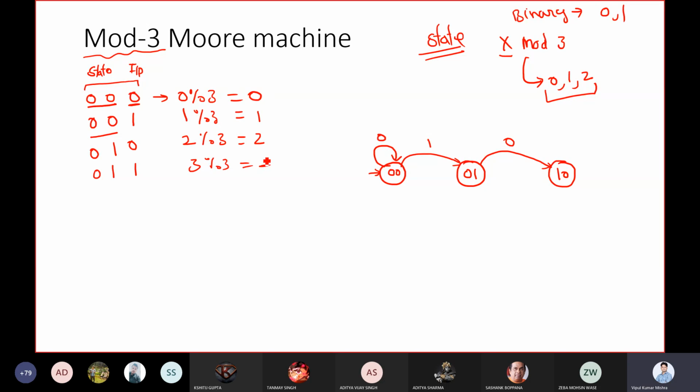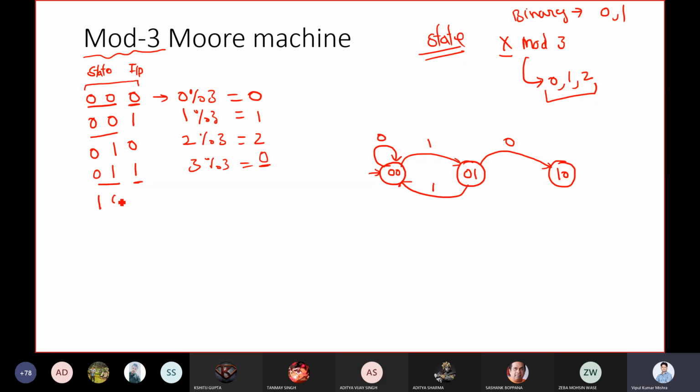Got it or not? Guys, got it or not? If you are in the state 0,1 and you take input 1, where will you move? You will move to this state, right? So you will come back when you get input 1.